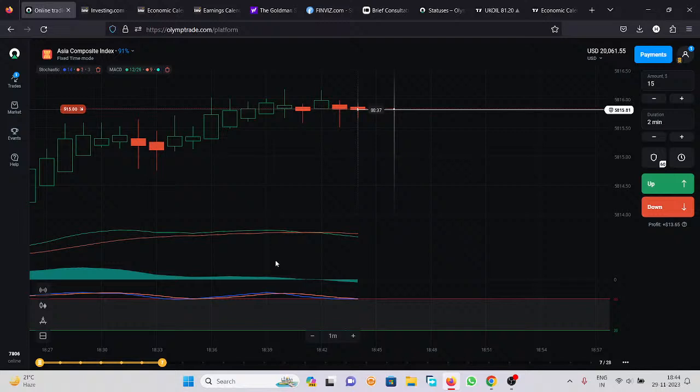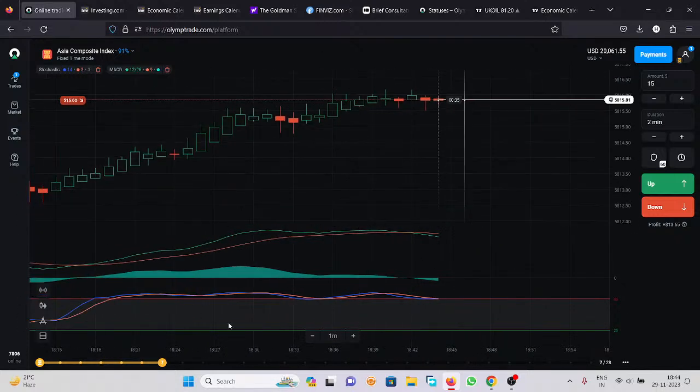So the stochastic is built separately down below the graph, just like the MACD. It is representing two curves. What are these two curves? Basically the curves belong to 80 and 20. Actually this is a bounded oscillator, the stochastic. What is the meaning of bounded?